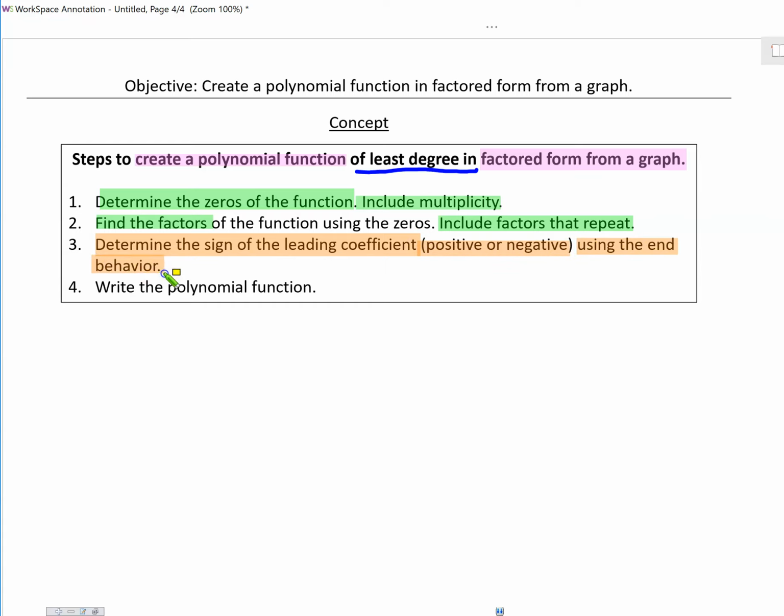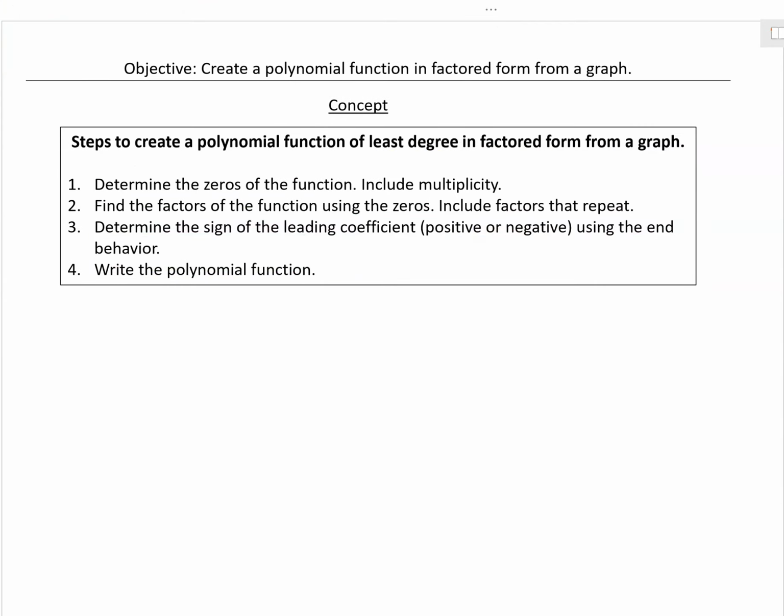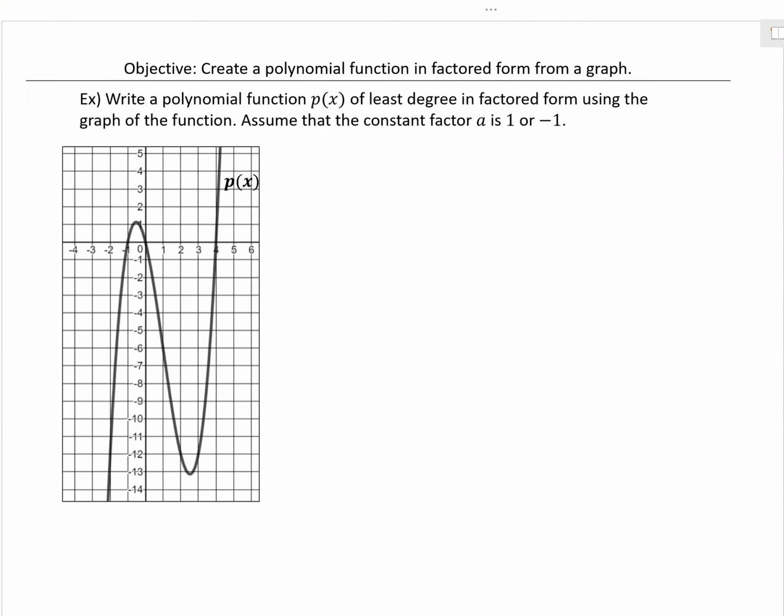We can just focus on the right end and match that direction of positive infinity or negative infinity to a positive or a negative leading coefficient factor. And then we'll be able to write the function in its factored form. All right, let's take a look at this problem.